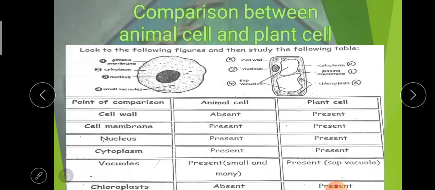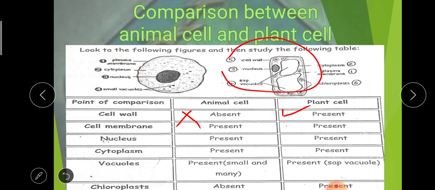Let's make a comparison between the animal cell and the plant cell. In this figure, we noted first the cell wall. We can find it in which of them? Excellent, in the plant cell. It is present in the plant cell but absent in the animal cell, because the plant cell has no bones, so it needs the cell wall to give it a definite shape.